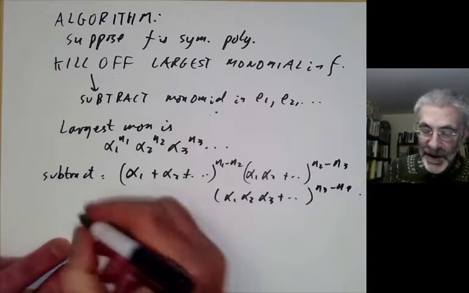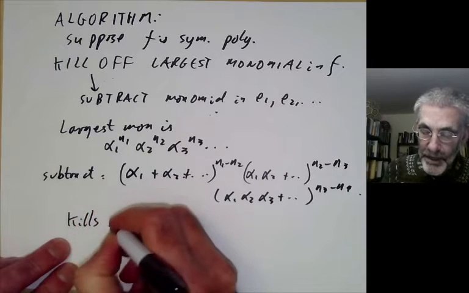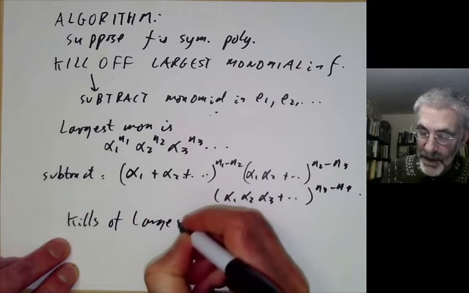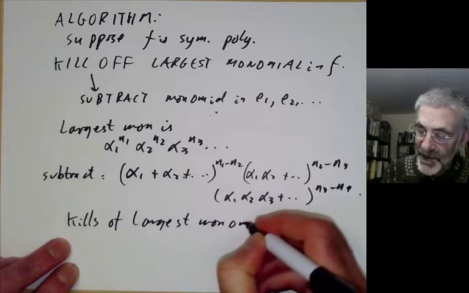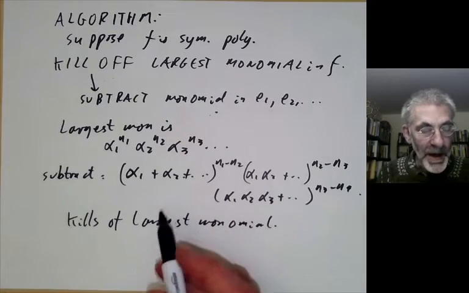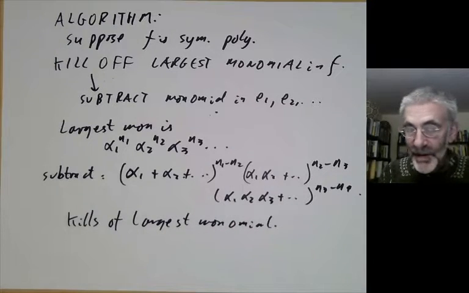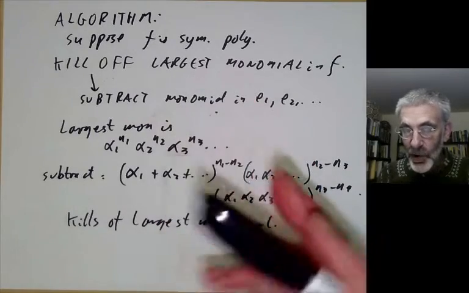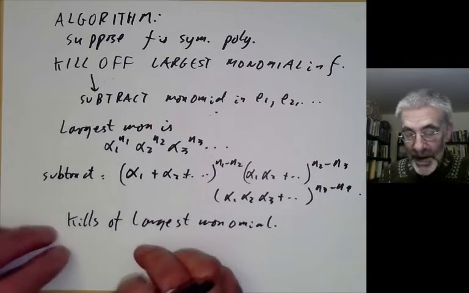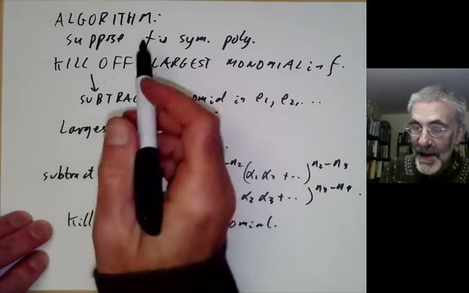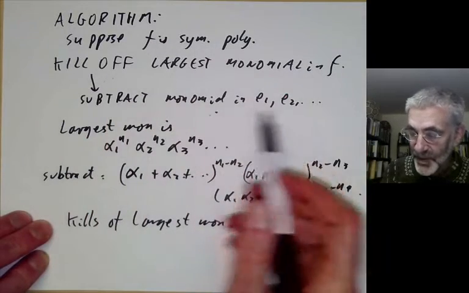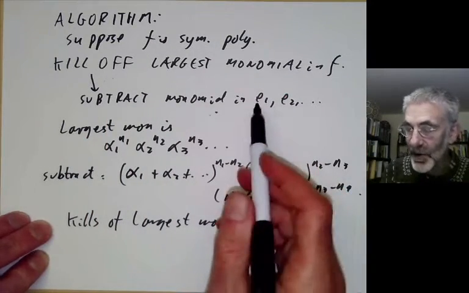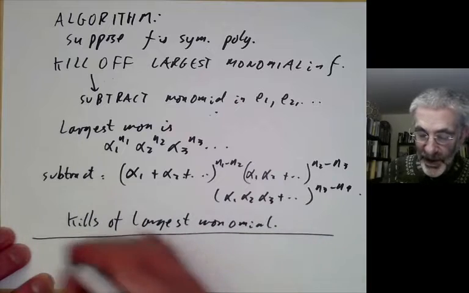And you can easily check this kills off the largest monomial and replaces it by smaller ones. So if we keep doing that, we eventually get down to 0. So this almost proves the theorem that any symmetric polynomial is a polynomial in these. Well, there's a slight problem.